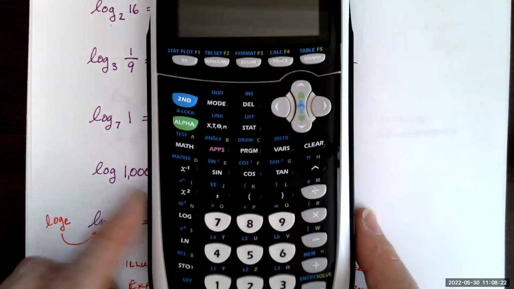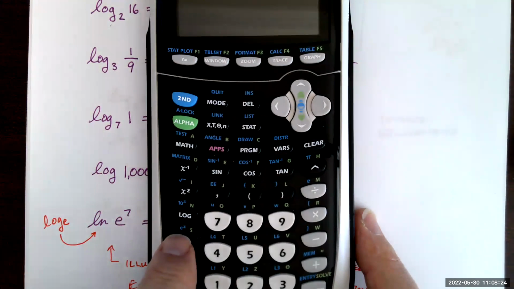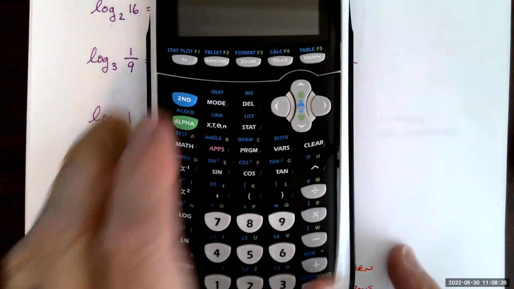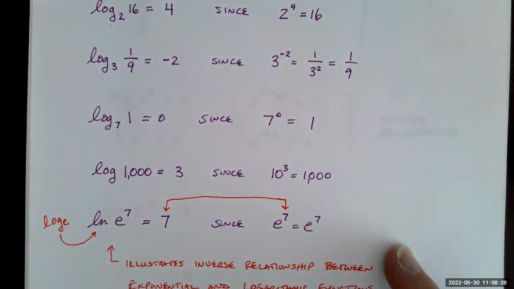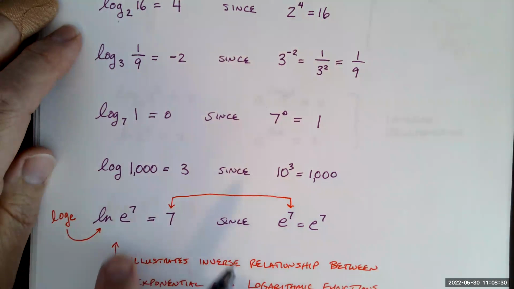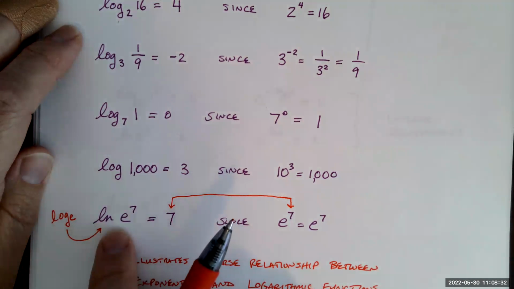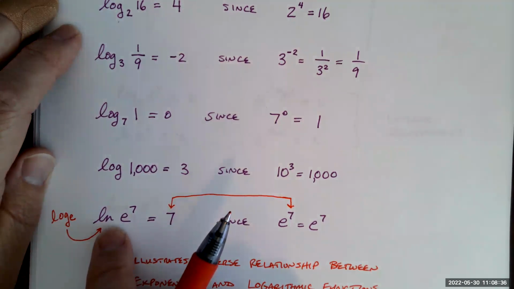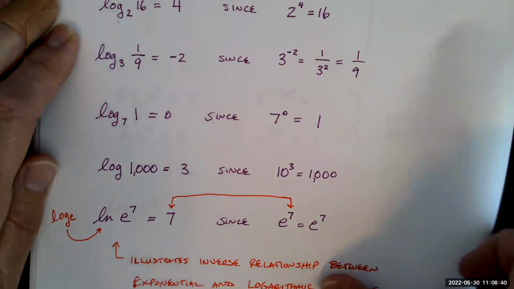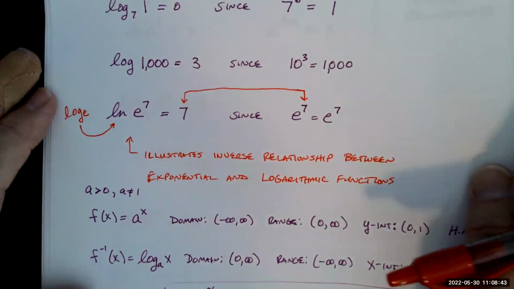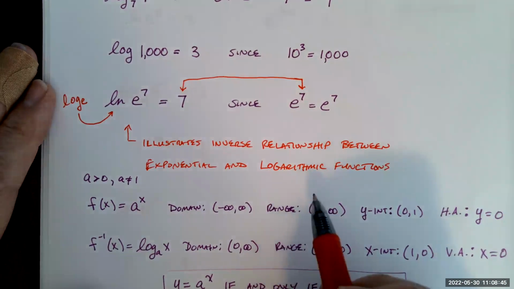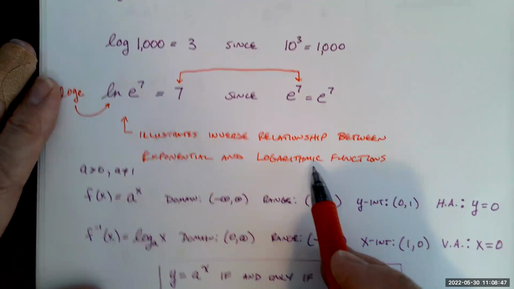The ln function is on the calculator there, and of course you can see it's connected to e to the x, so that reminds you that the base is e. Those are the two most prevalent logarithms we use, and probably the natural logarithm being the most important one. But this last situation illustrates the important relationship that exists between exponential and logarithmic functions.